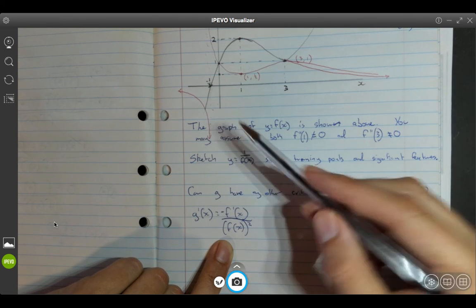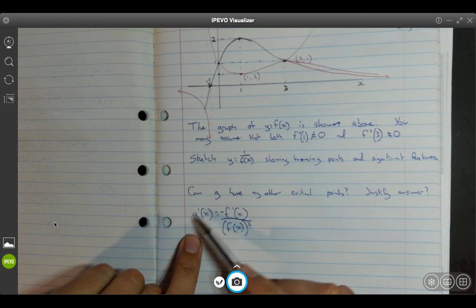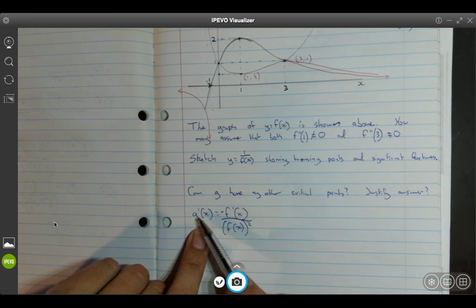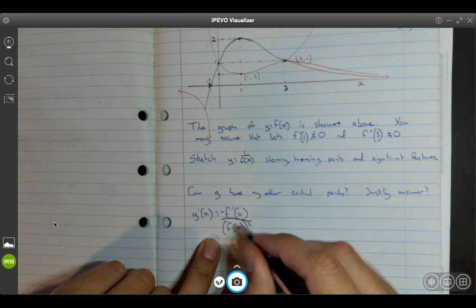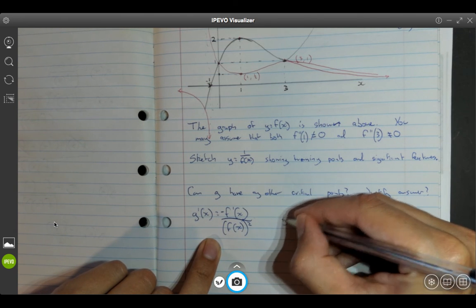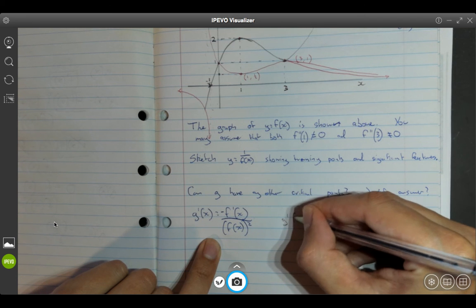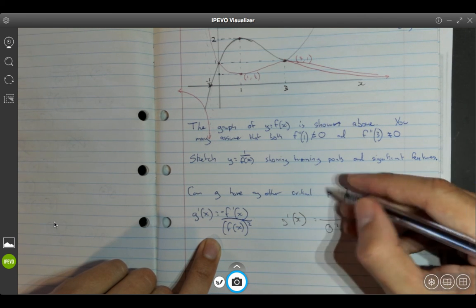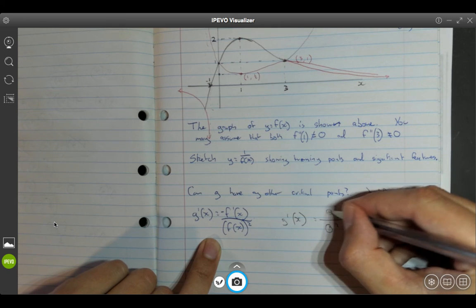The other way you can have a critical point is if the derivative at the point is undefined. So we're going to have a situation where f of x must be equal to 0 for it to be undefined. So f of x crosses the x-axis here and is equal to 0. So the derivative of g is undefined, because we're going to have g prime of x equals 0 squared over something undefined.